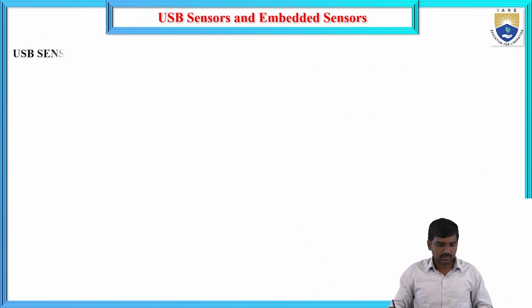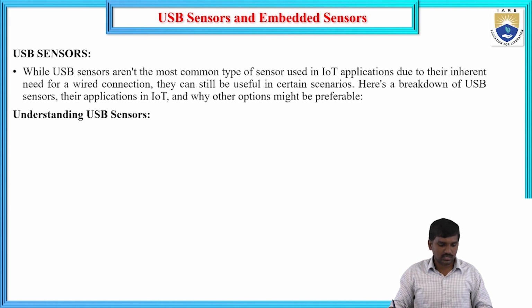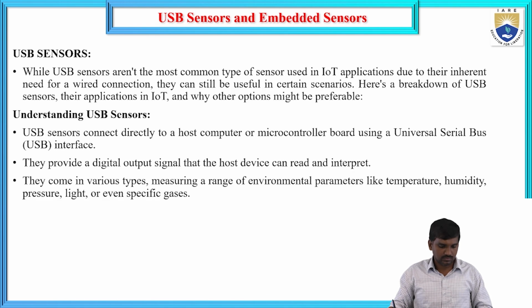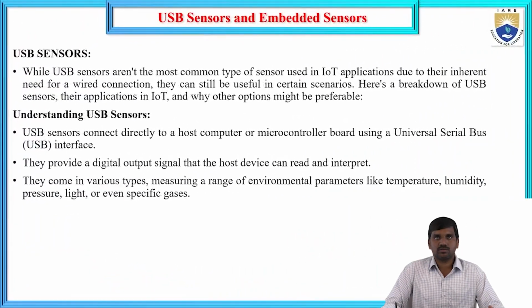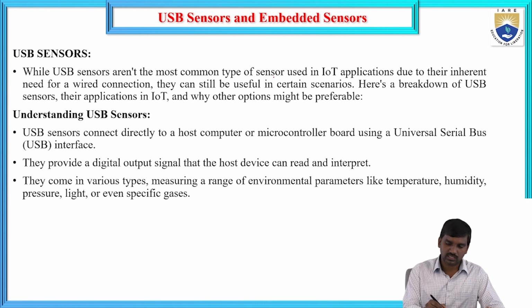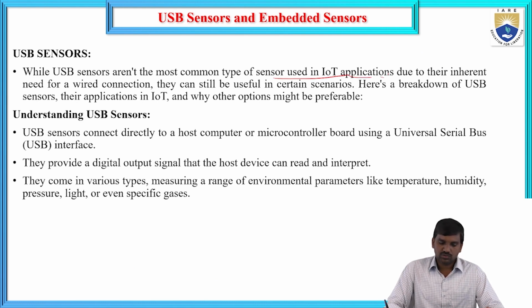Next one, USB sensors. The main introduction points of USB sensors: while USB sensors are not the most common type of sensor used in IoT applications due to their inherent need for a wired connection, they can still be useful in certain scenarios.